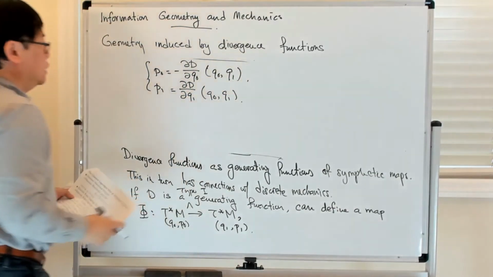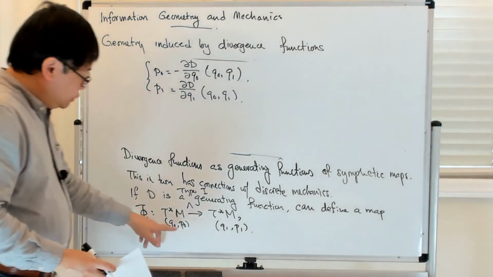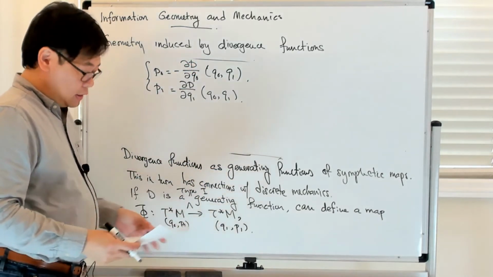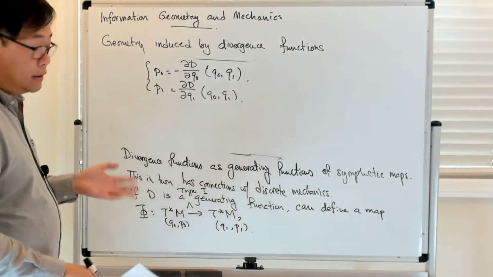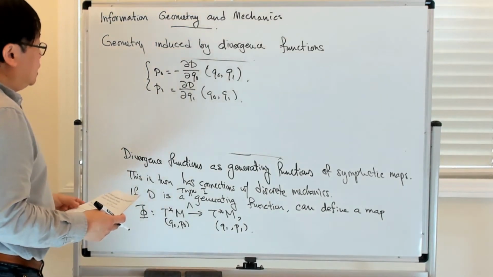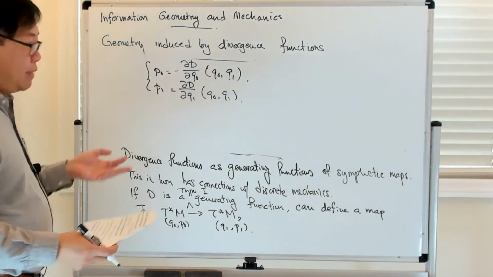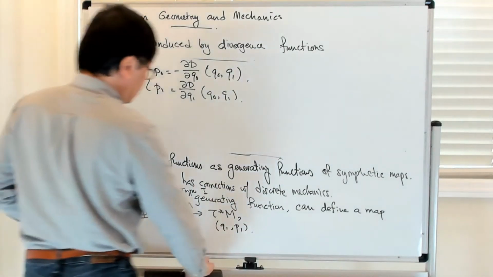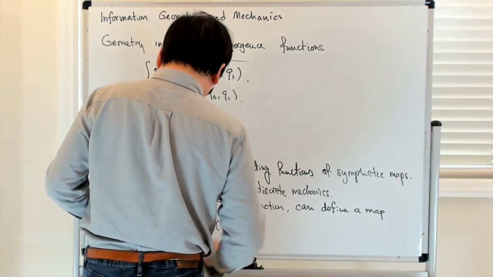So this implicitly defines a map from Q0, P0 to Q1, P1, given this generating function D, which depends on two copies of the manifold, which is exactly what our divergence function does. You can check that this map is symplectic, and good stuff like that.